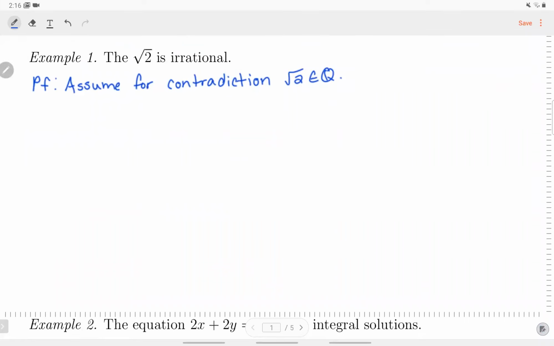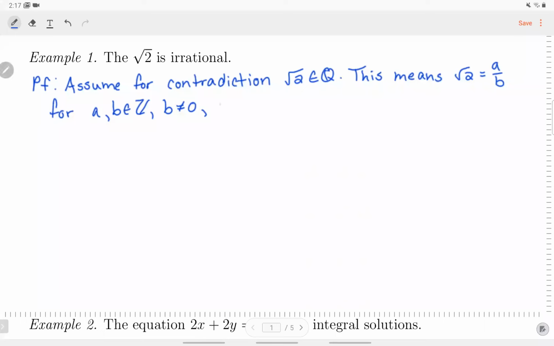All right. Well, what does it mean to be a rational number? This means square root of 2 equals a over b for a and b elements of integers, b not 0. Now, there's another thing we can add. We haven't added this to rationals before, but this can be in reduced form, right?